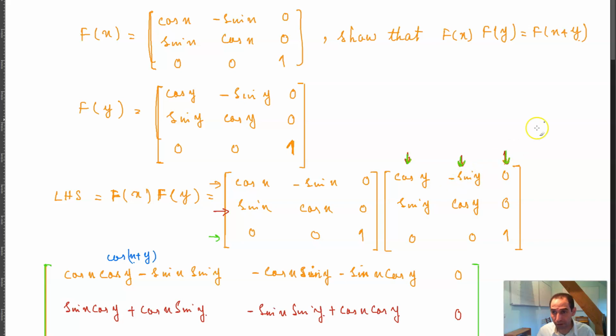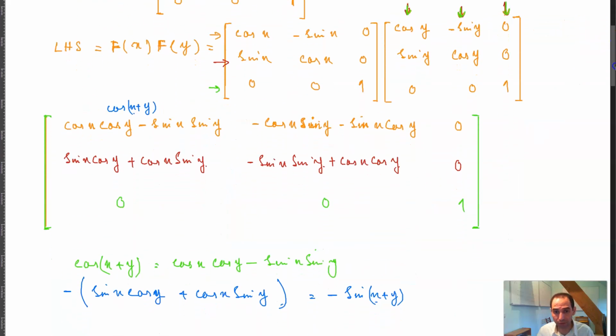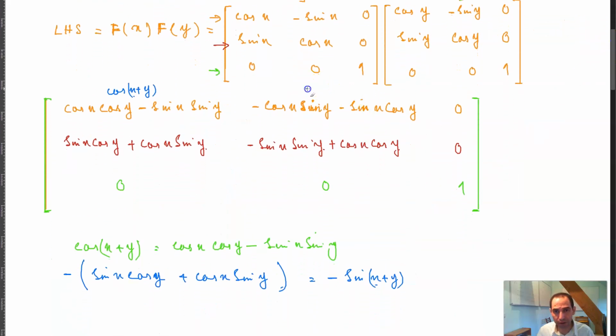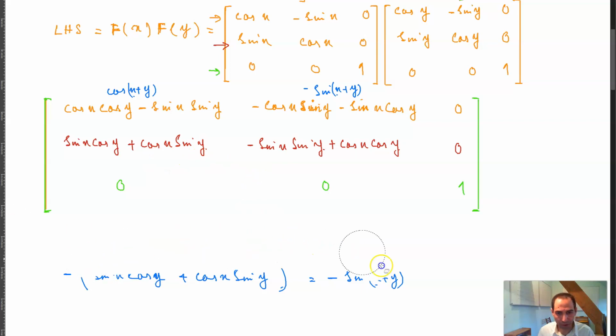Well, the negative sign, you already have it here, so that's not a problem. So that's negative of sine of x plus y, right? And that's a 0, so we have no problem there.